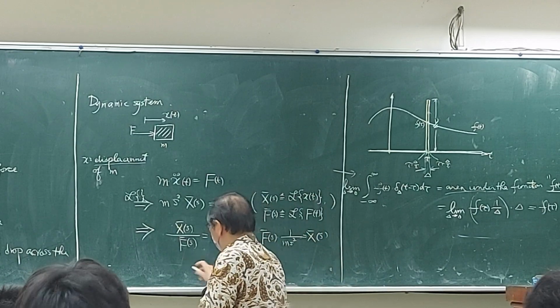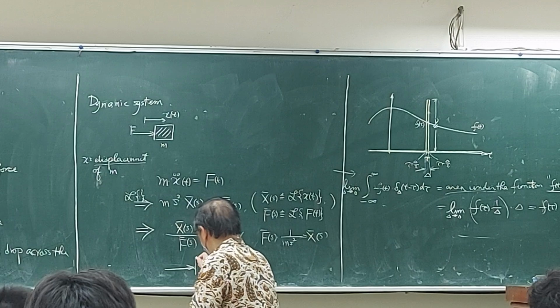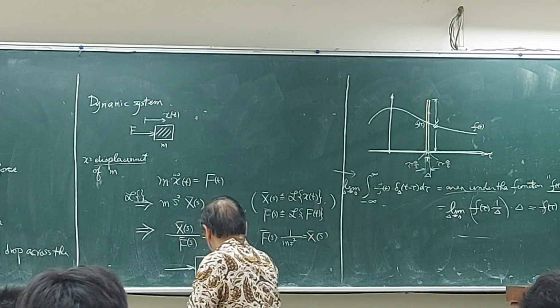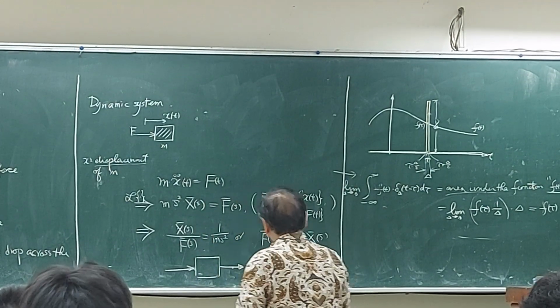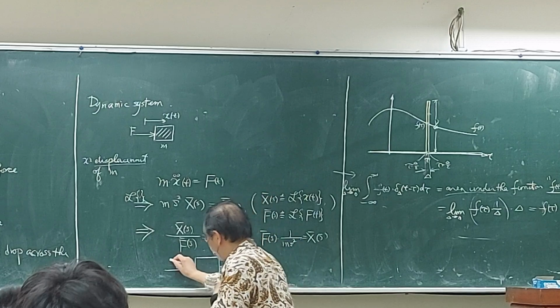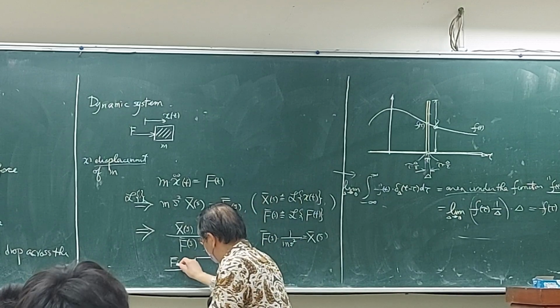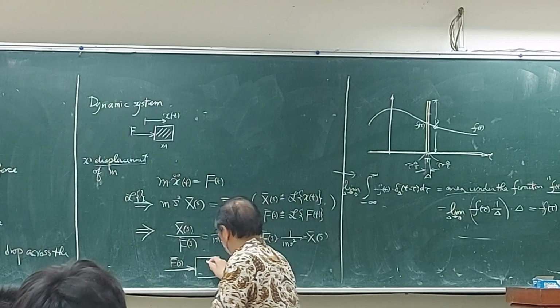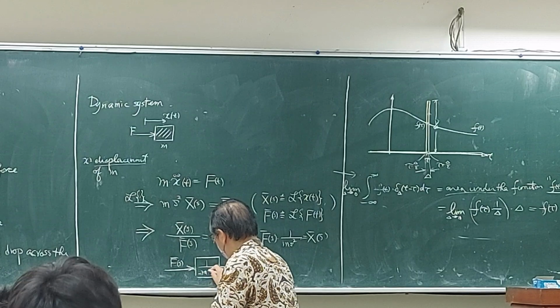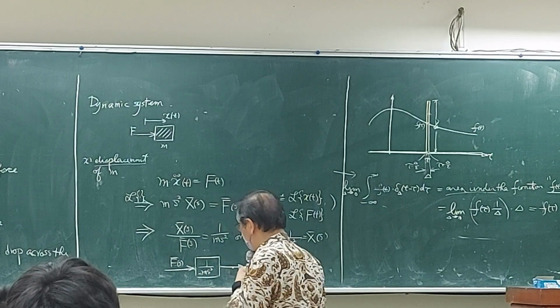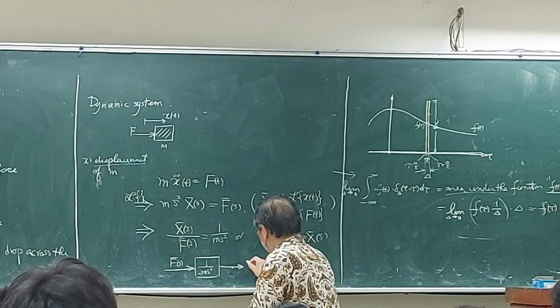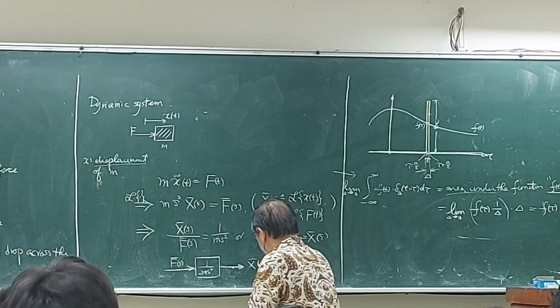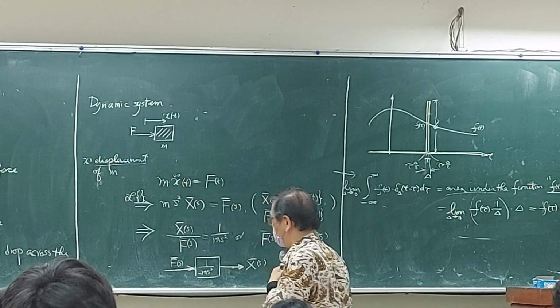In this case, we have an input. Here this time the input is F of s, and ms squared in the denominator, 1 over ms squared, will give us the output displacement in the S domain.